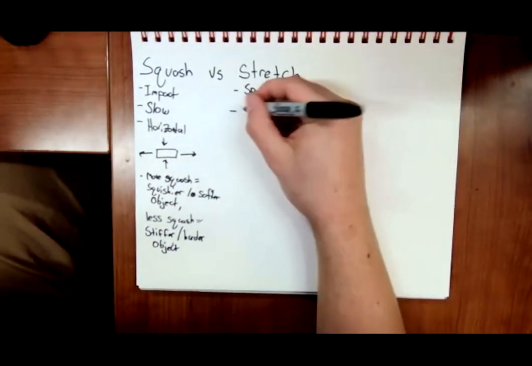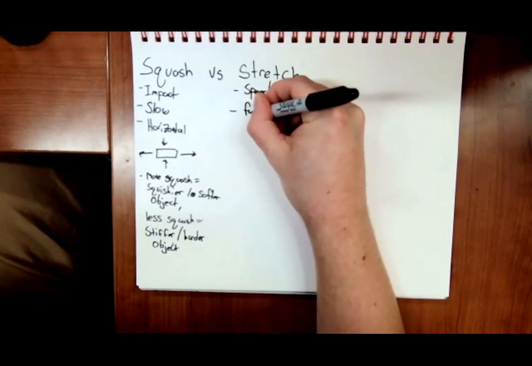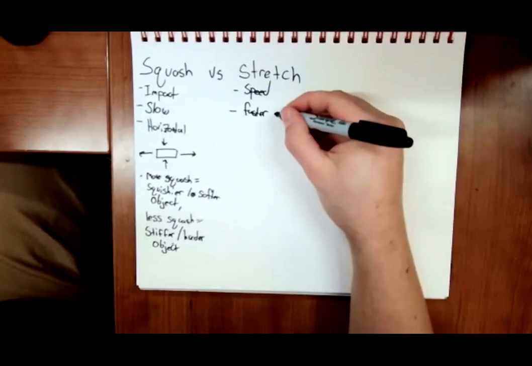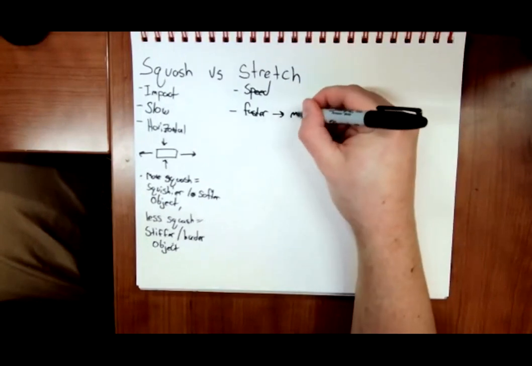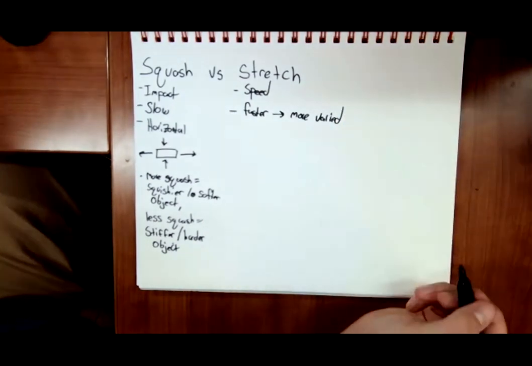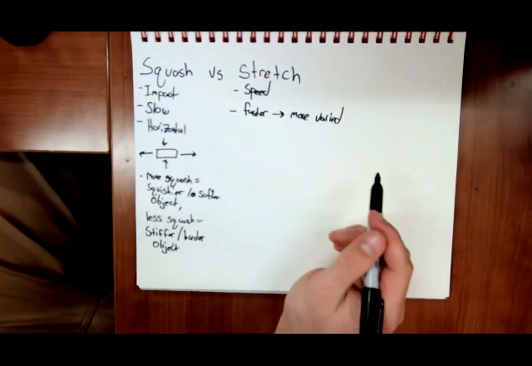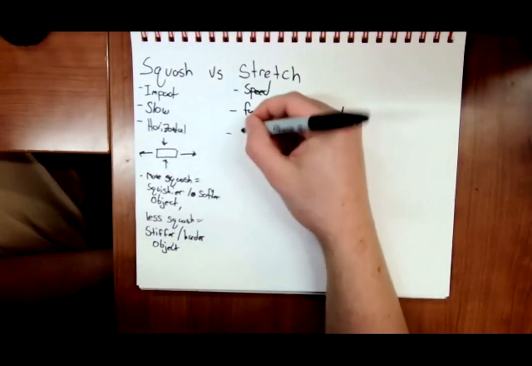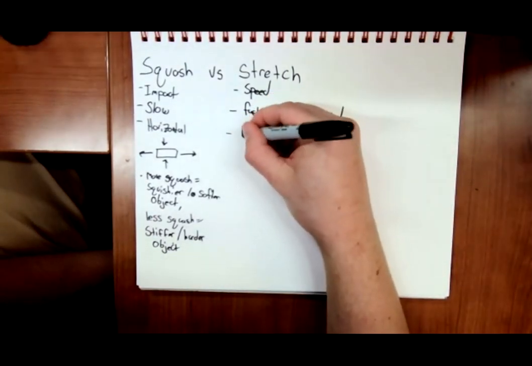So since it's speed related, it's going to be much faster. And because it is faster, it is also more varied and easier to experiment with and mess around with here and there. And then this is not necessarily horizontal. This can be horizontal and vertical.